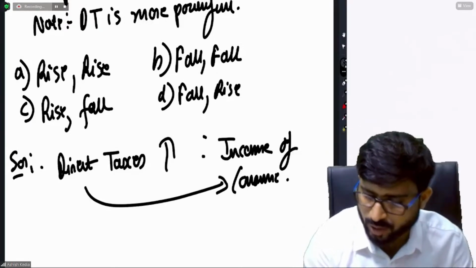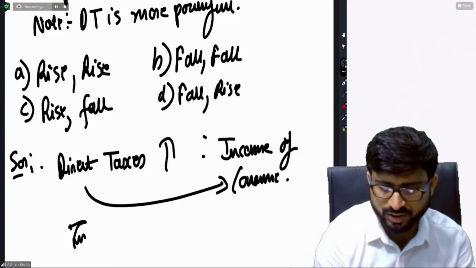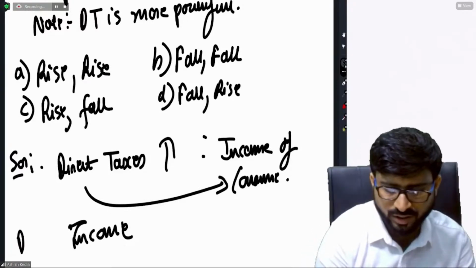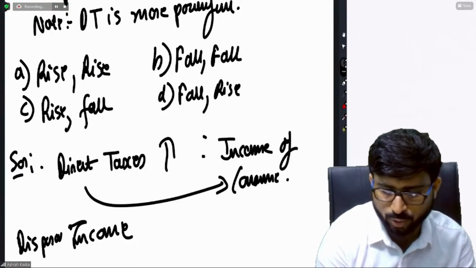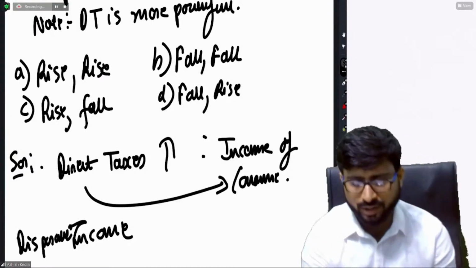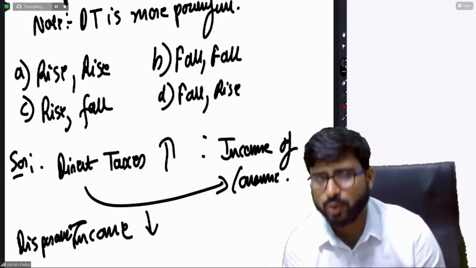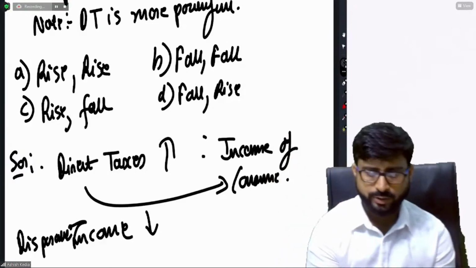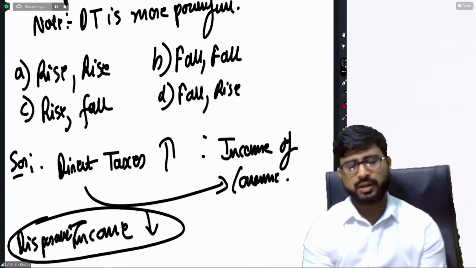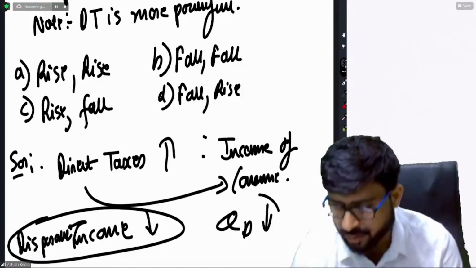So if direct taxes are imposed on the income of consumers, disposable income, that is the income they have to spend, is falling, because the more the taxes, the lesser the amount they will have remaining to spend on their demands. So disposable income is falling, and if that is falling, demand is falling.